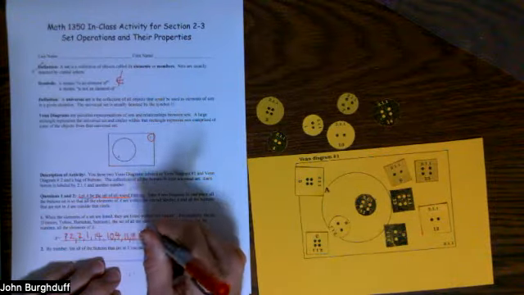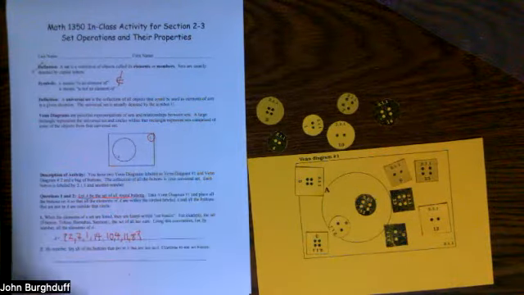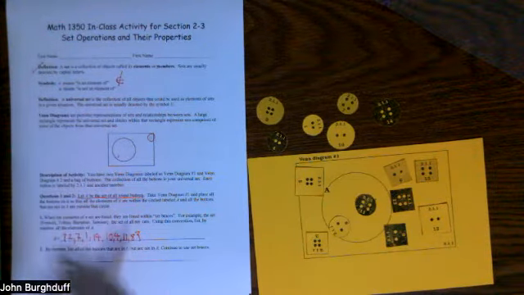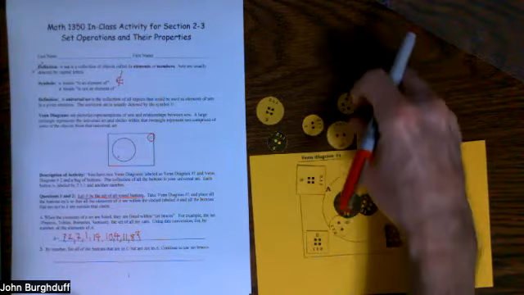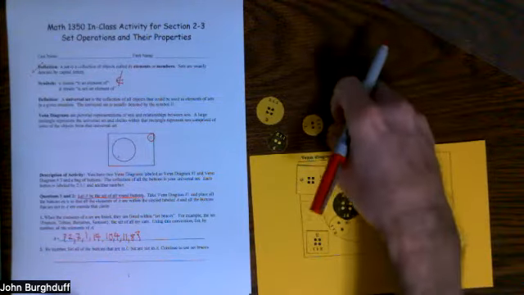You might remember from previously that the order of the elements in a set does not matter. If we're sort of a little obsessive compulsive, we might want to rewrite those in order, but that's not really necessary. The order doesn't matter. That's all the round buttons.